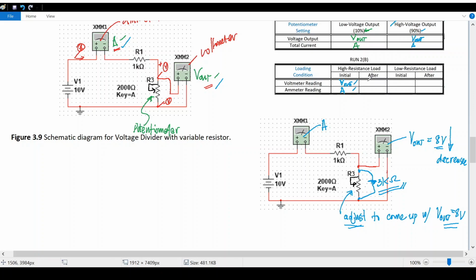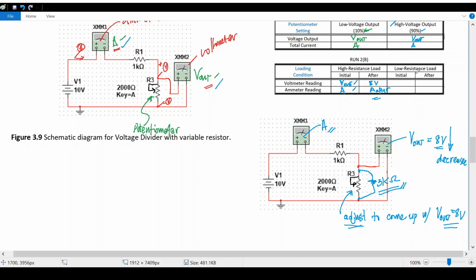So the voltmeter reading here would be 8 volts, but what would be the reading of the ammeter? This is after adjustment. So the voltage output could be adjusted to 8 volts, but it is accompanied by a change in current.